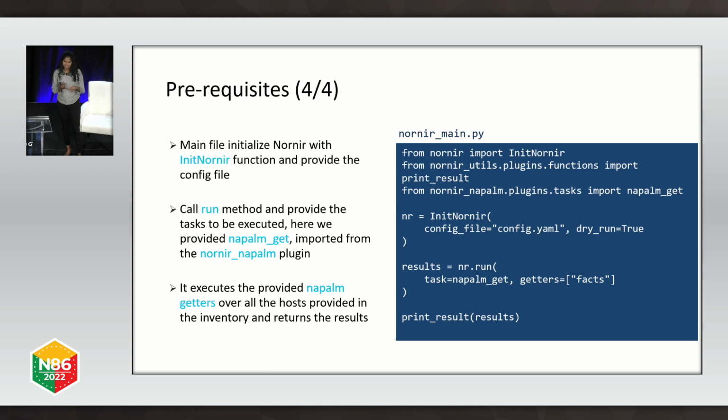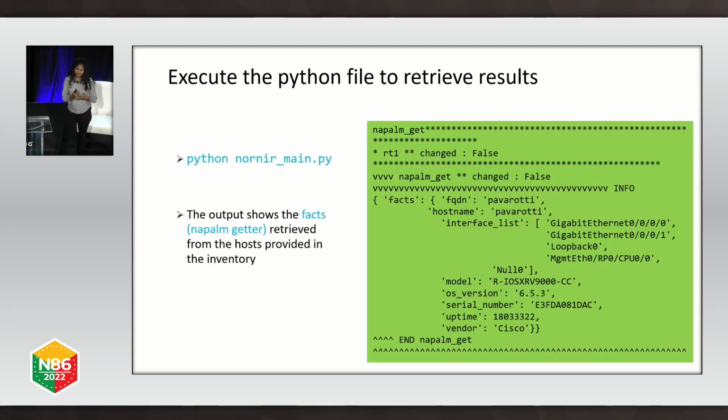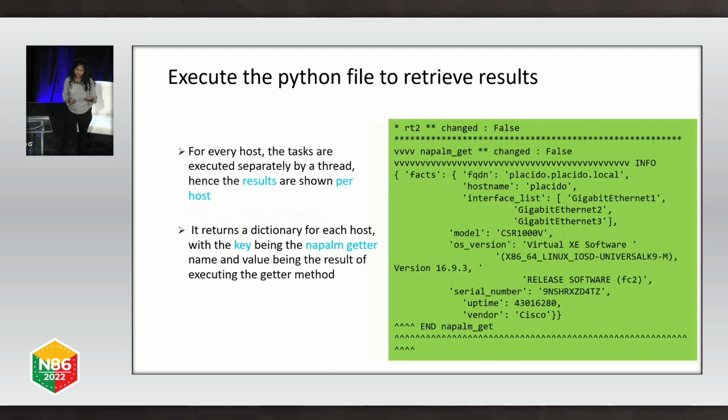The task is going to be the NAPALM task like NAPALM get, CLI, configuration or validation, and then for the getters, whichever task you provide, its respective API name should be provided here, like facts, interfaces, etc. And then once you print the result, it is going to return the details of the task executed for every router, router 1 and router 2.